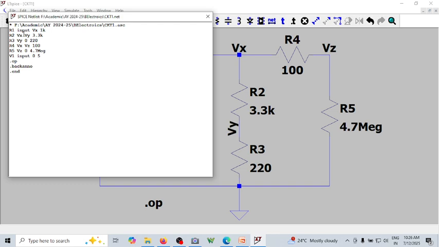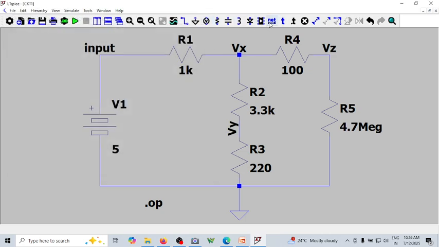Of course, you can give anything: ABCD, your name, whatever you wish. That's why this is called labeling a node. That's why it is set as Label Net. Every net in your netlist that you were getting as N001, N002 is now replaced by Vx, Vy, Vz, input and all those.